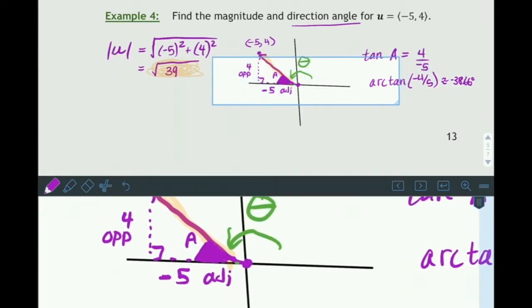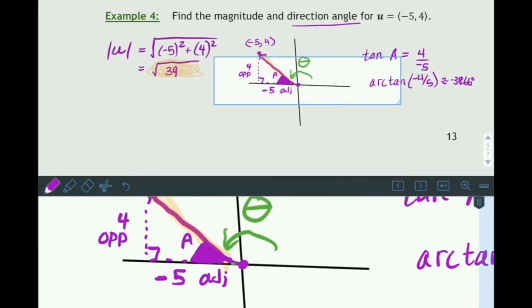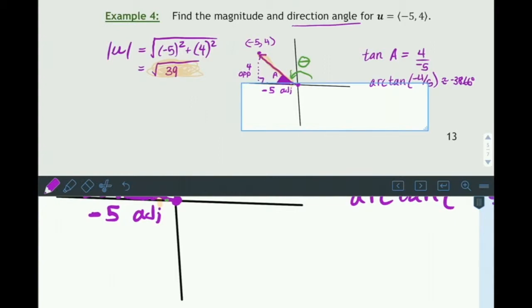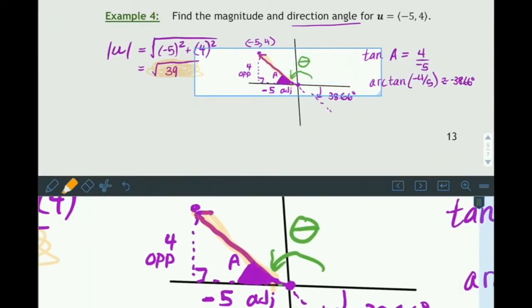But in our picture, our angle's in quadrant 2. The angle that your calculator just gave you is down here. That reference angle would just be 38.66 degrees, your distance up to the x-axis. So the direction angle right here is a little bit less than 180, 38 degrees less than 180.